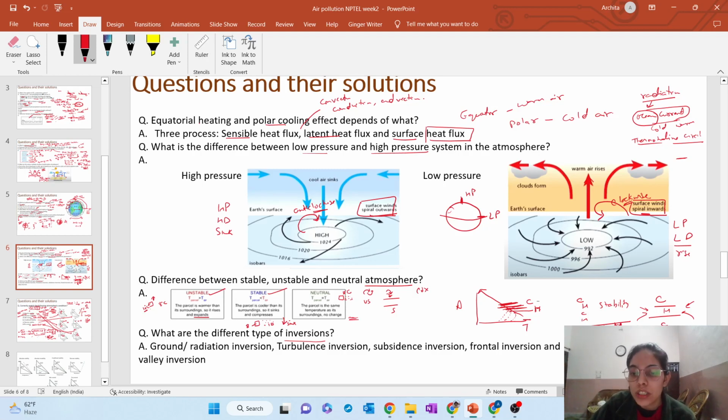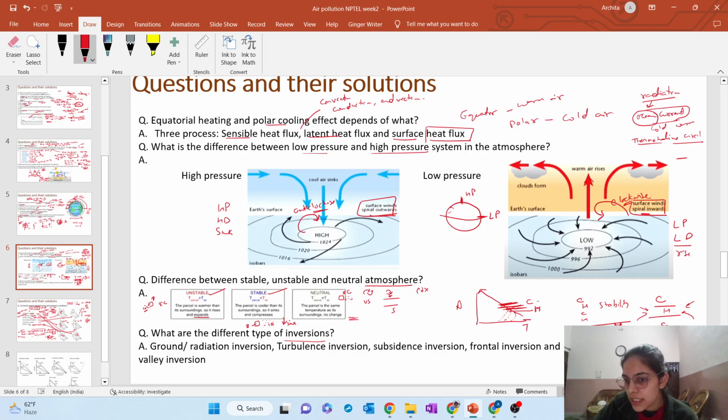So subsidence is, let's say there is an industry with a long shaft. Generally thermal power plants have very long shafts, kilometers long, like 5 kilometers. So let's say near the surface the air is heated, so high temperature. As you go up, the air is cold.